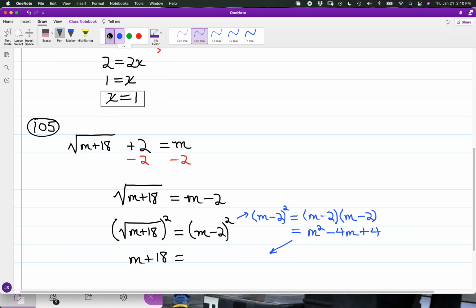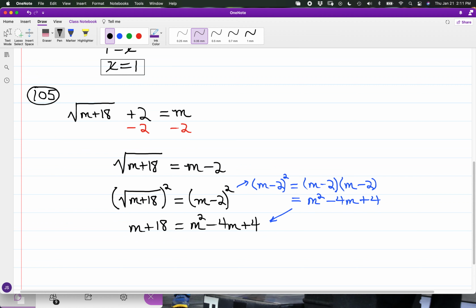So reverting what we have here to our equation. Okay, so you have m plus 18 is equal to m squared minus 4m plus 4. Now we have the establishment of a quadratic equation that is not yet in standard form, but I can set the equation to 0 upon making the adjustments by taking away m and 18.